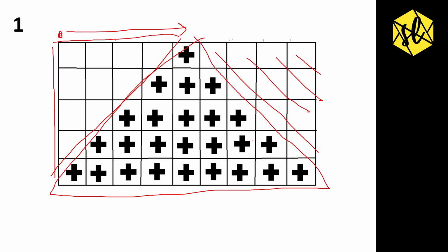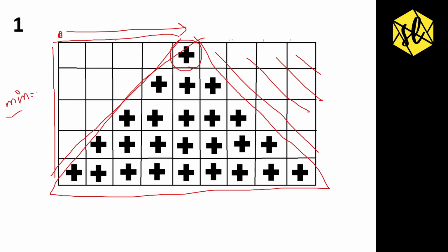So in this type of pattern, we have a few terms that we have to understand first. The first term is minimum star, or you can say here minimum. What is this minimum? It is the number of stars or symbols in the first line.